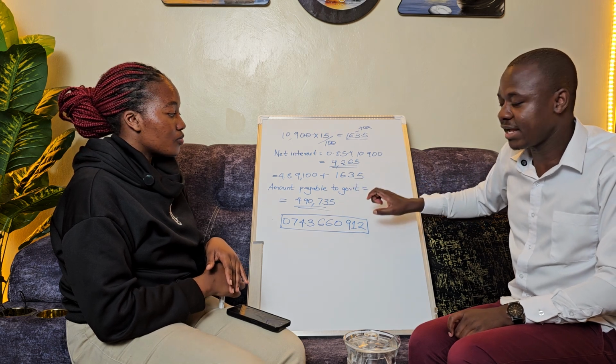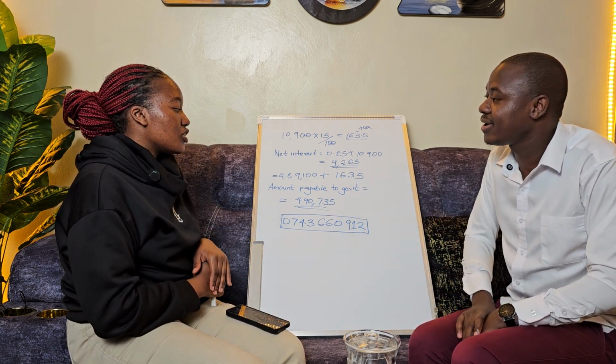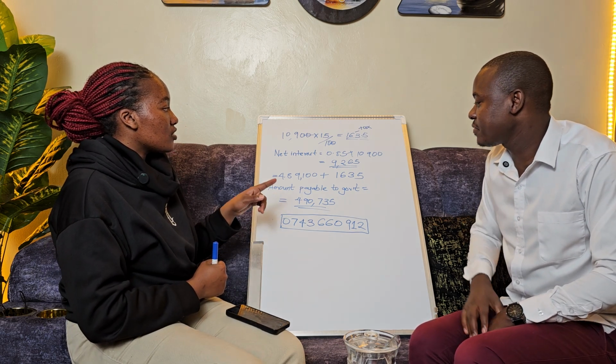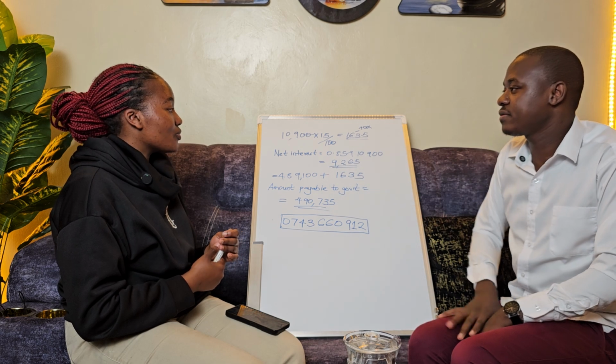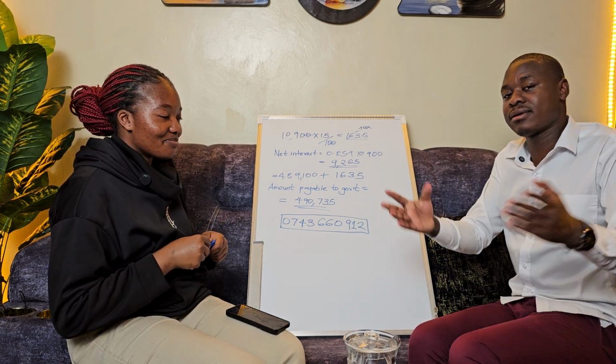Then at the end of the period, you will receive how much in your account? 500,000. So what is the net interest? The difference between the amount you pay to the government and the face value. And the face value is the actual amount that you invested.